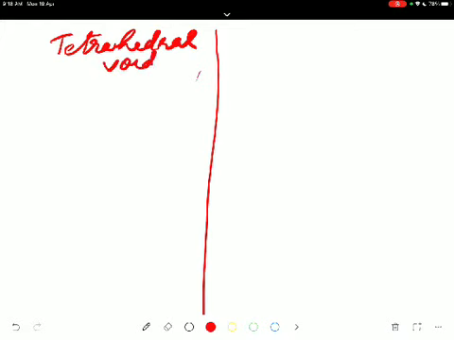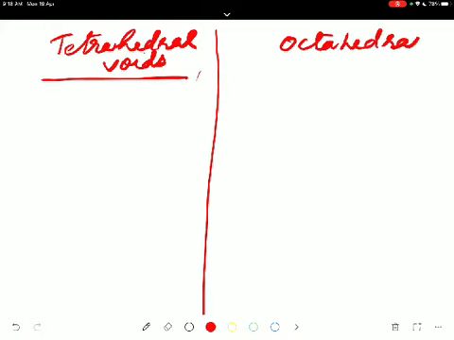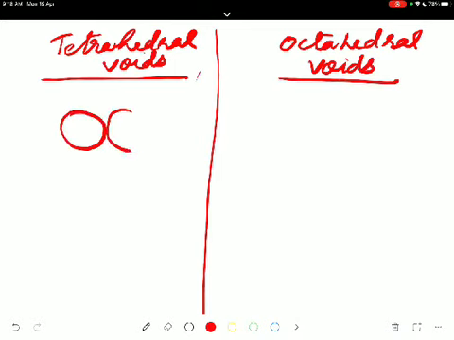Tetrahedral voids are obtained by four spheres.